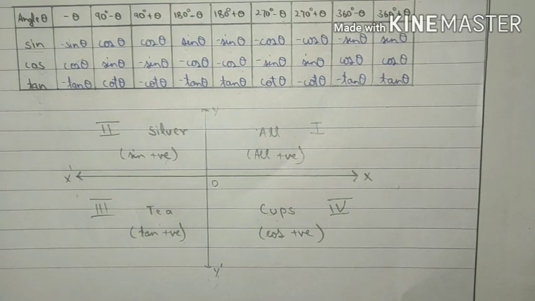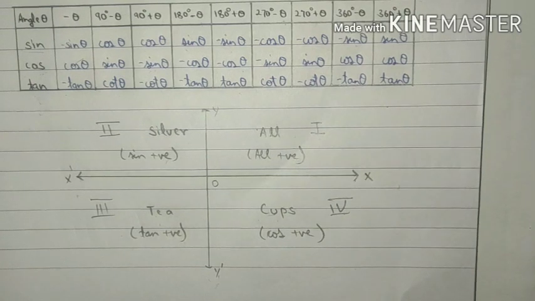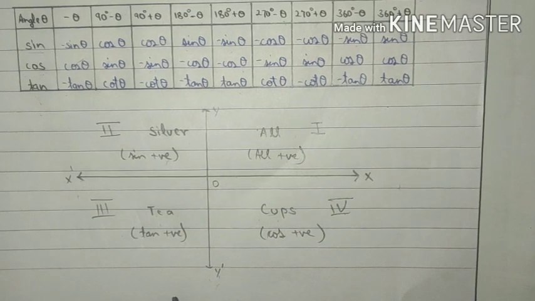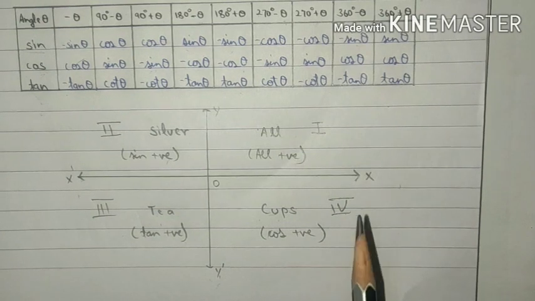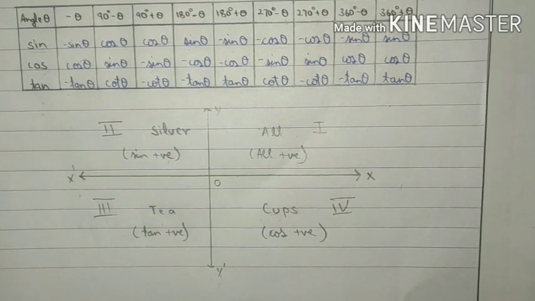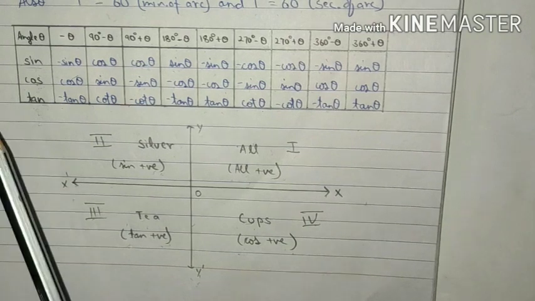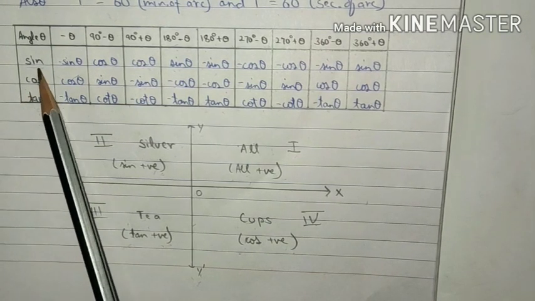All the values for any value of theta lying in the first quadrant will be positive. That is, the sine value, the cos value, and the tan value for any angle which lies between 0 degree and 90 degree will always be positive. And this is what you can observe over here also. Just pay attention over here, sine 90 minus theta.